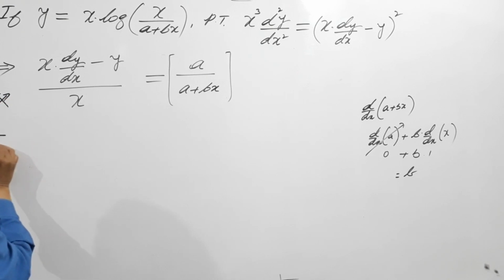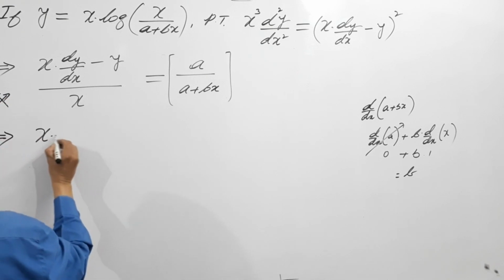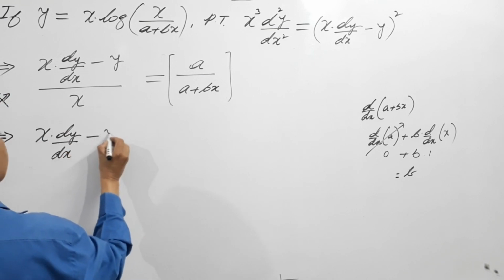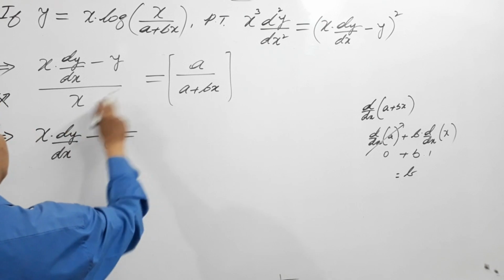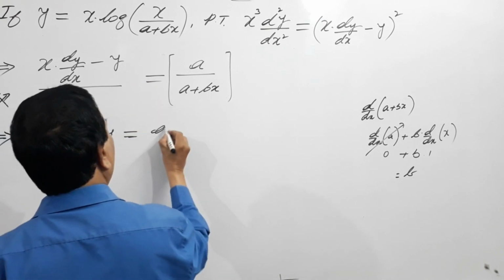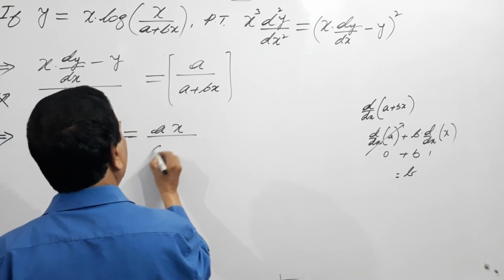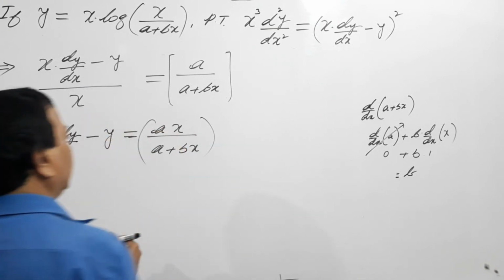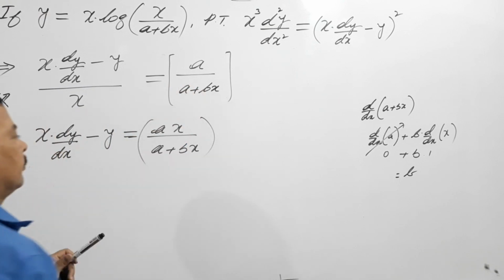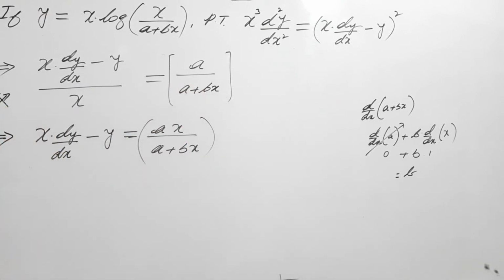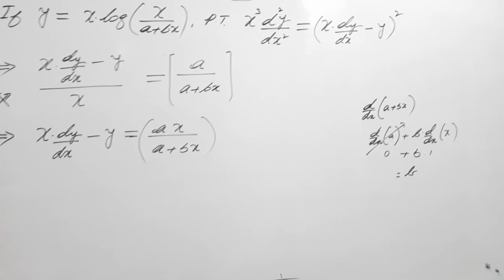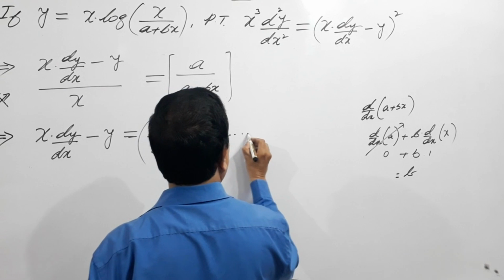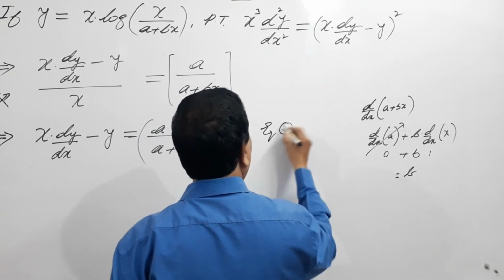So x into dy by dx minus y equals ax by a plus bx. I call this equation 2.